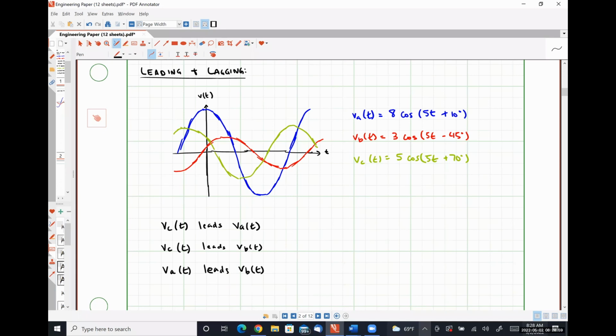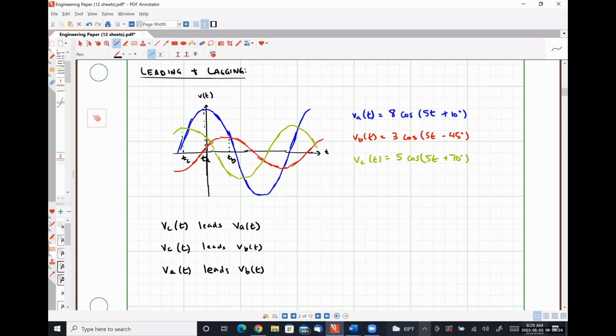So VA hits its peak first here. I'm going to call this TA. Sorry, actually that's TC. A hits its peak here. Peak here.